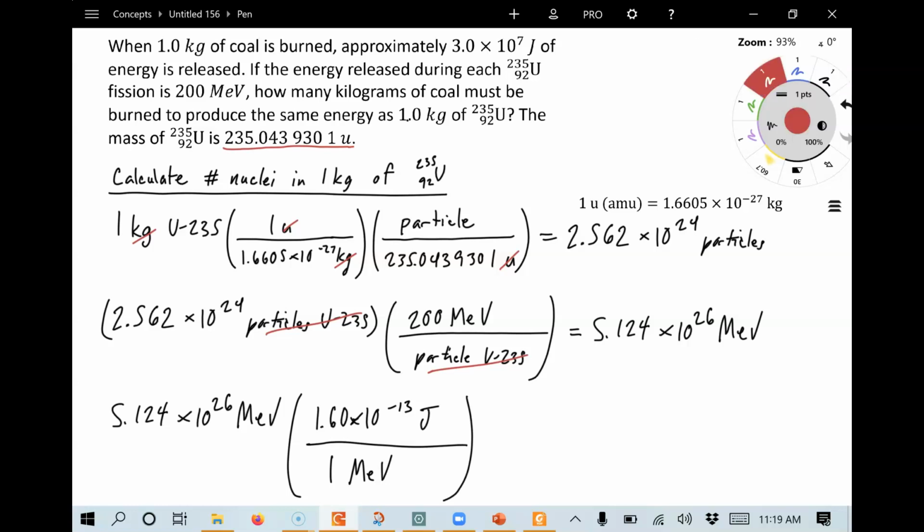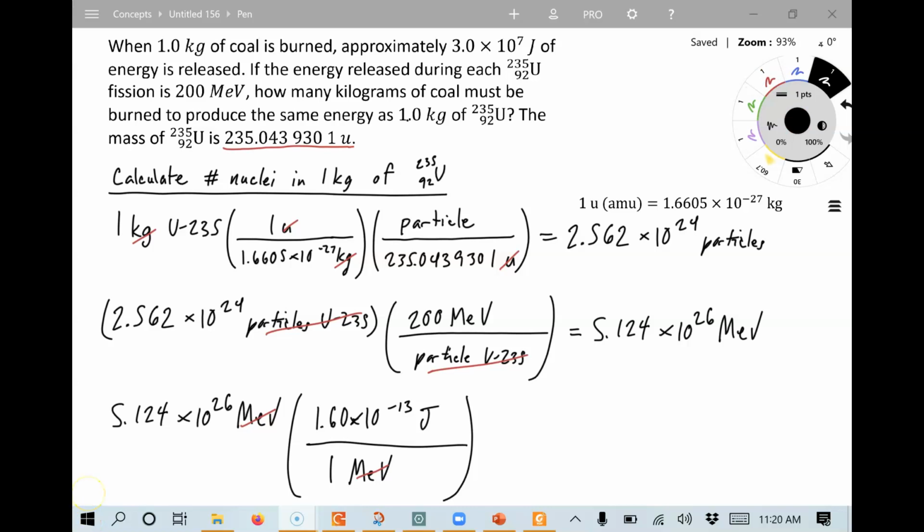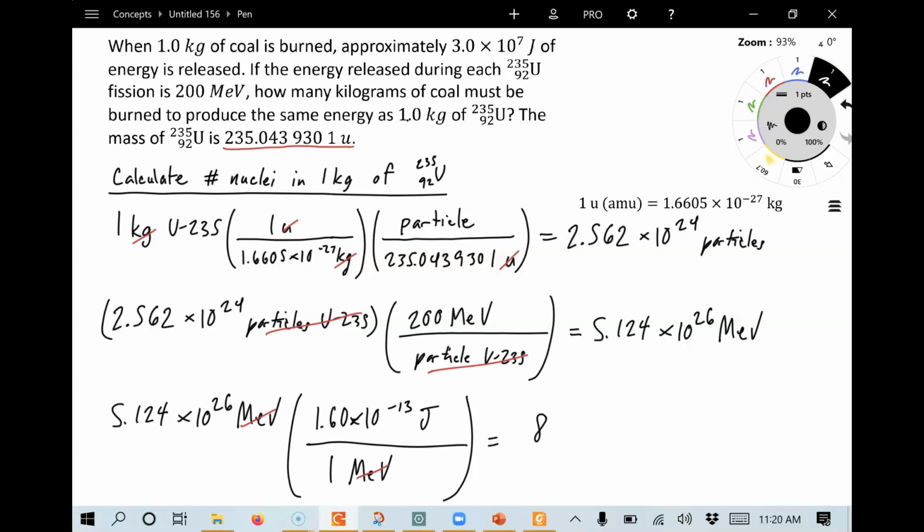I cancel our MeV out and we'll be left with joules, which comes out to about 8.20 times 10 to the 13th joules of energy.